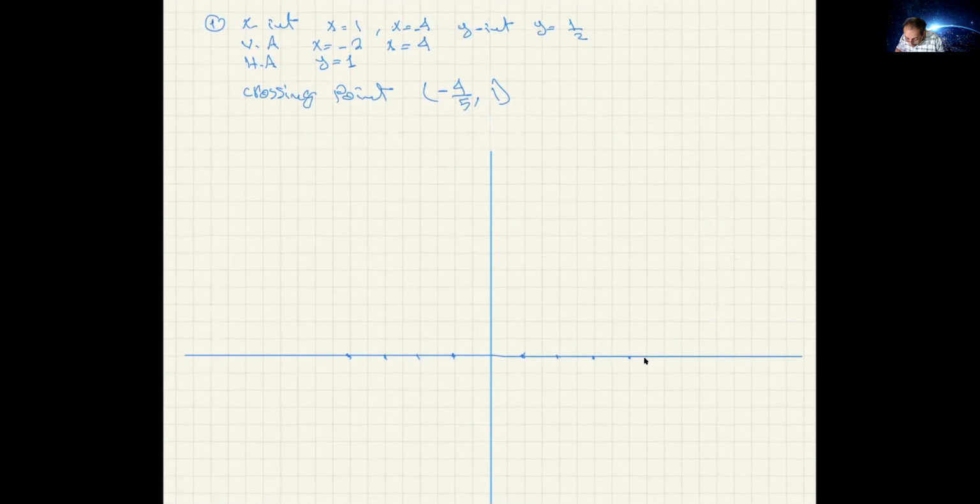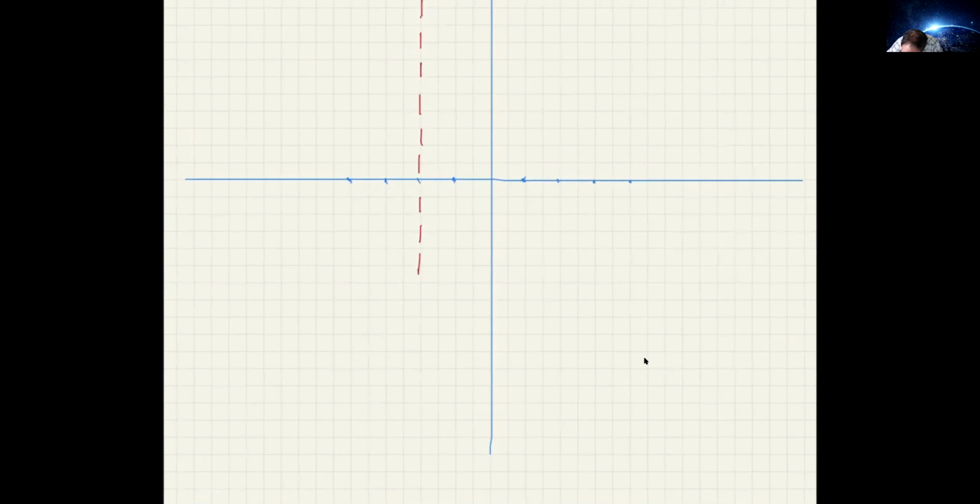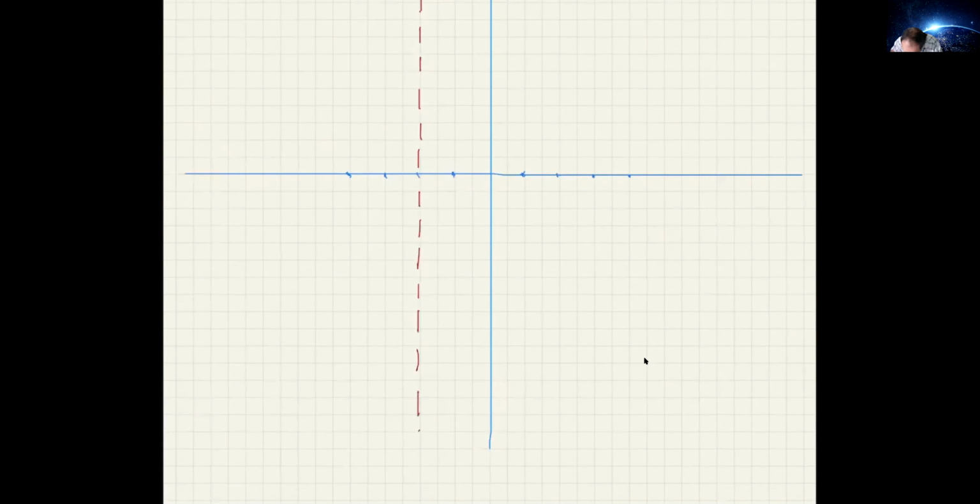So I have the vertical asymptote at -2, and I have also another vertical asymptote, X is 4.